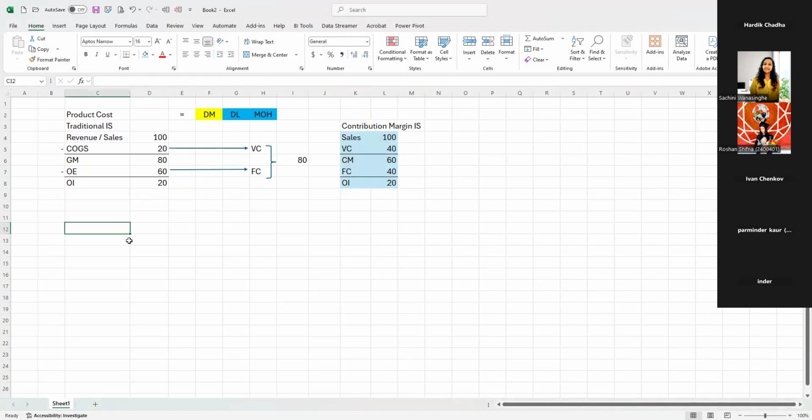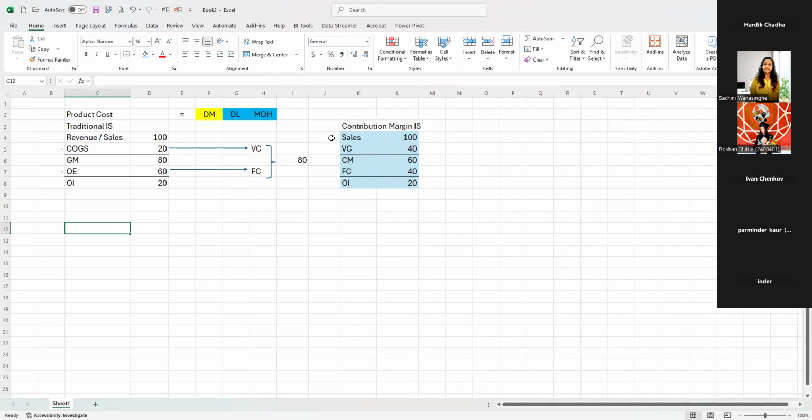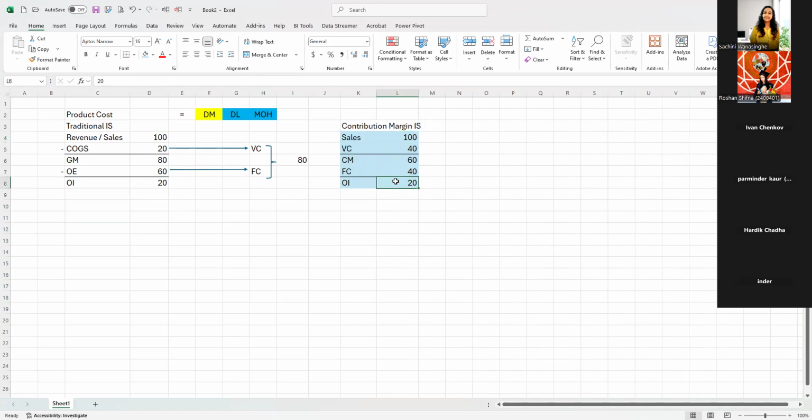Now, for management purposes, let's build on this. So far, so good? Professor, can you do the calculation one more time, please? I didn't understand the contribution margin. It's the same logic. Sales are the same. Operating income is the same.